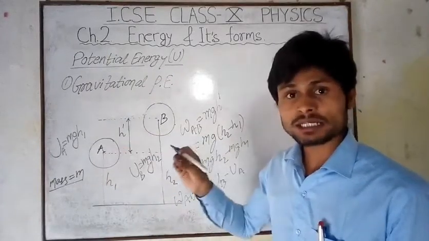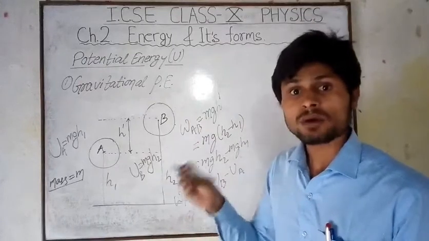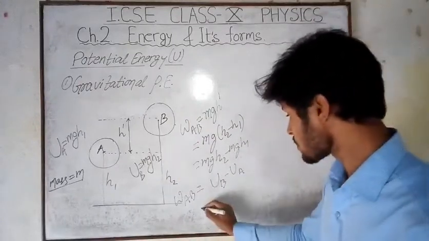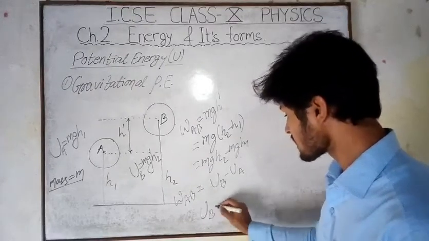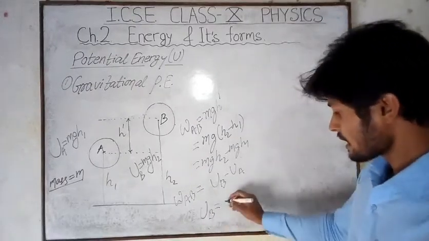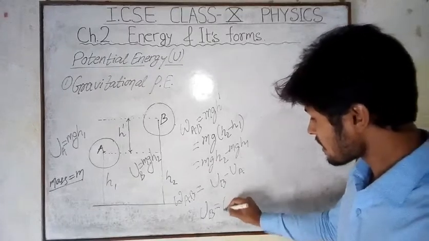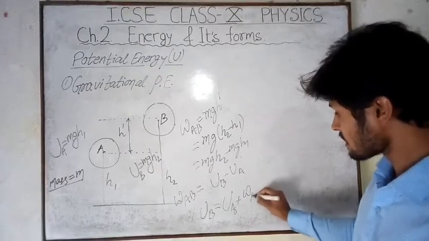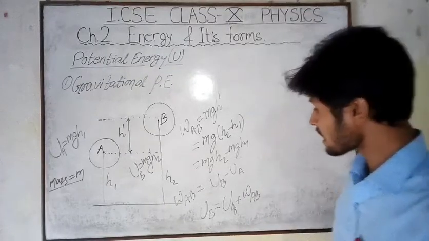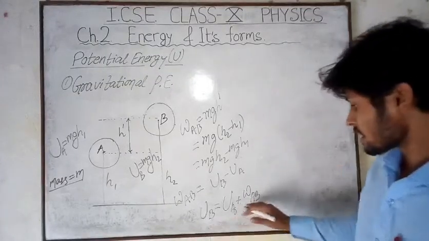That means the object gains some energy when work is done on it. So when the object reaches point B, it initially has the energy UA, and it is added with the work done on the object.